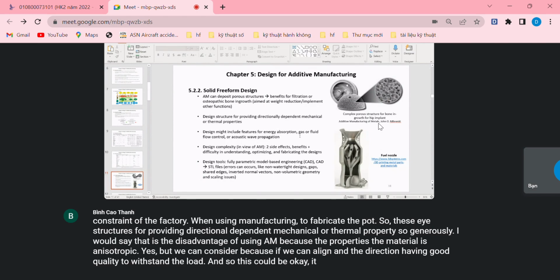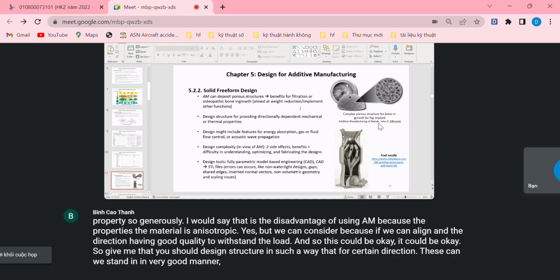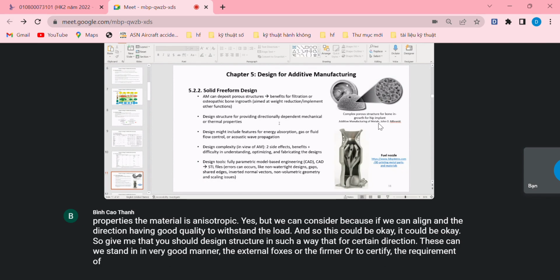It means that you should design the structure in such a way that for certain directions it can withstand external forces very well, or satisfy the requirements of thermal properties.